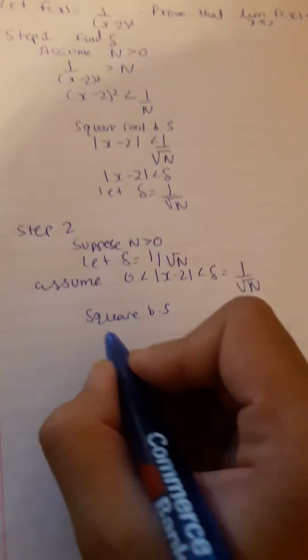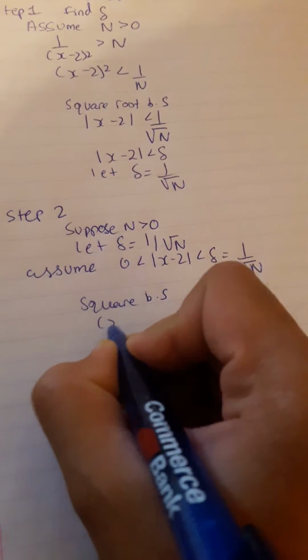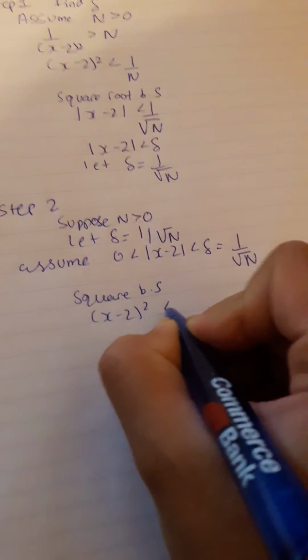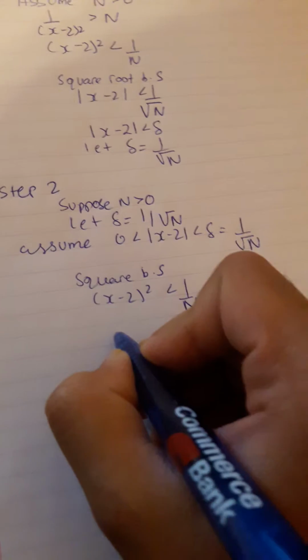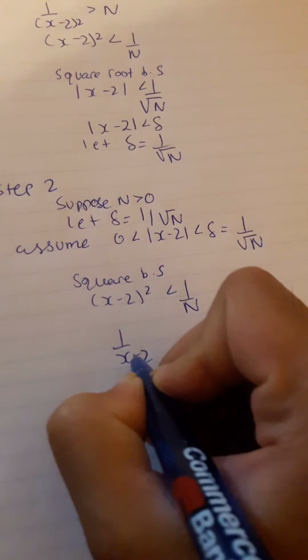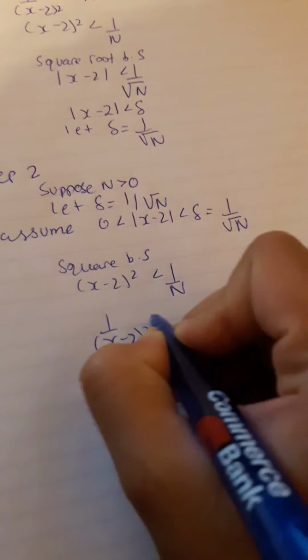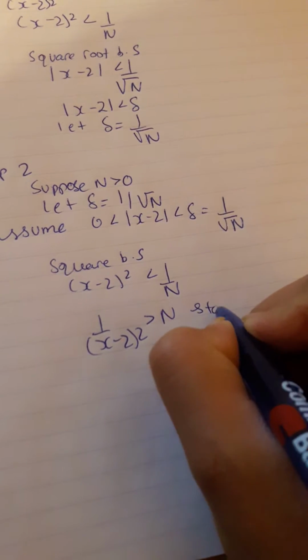So we're going to get (x minus 2) squared is less than 1 over n. We take the reciprocal, so we get 1 over (x minus 2) squared is greater than n.